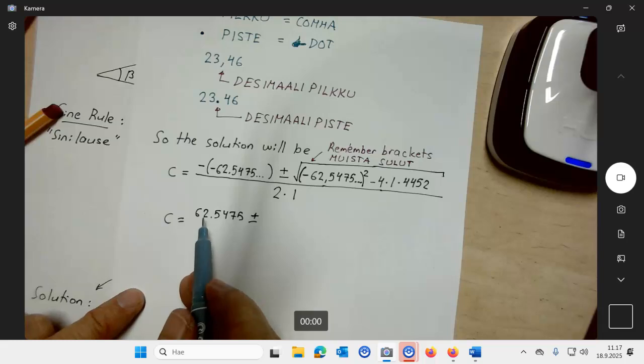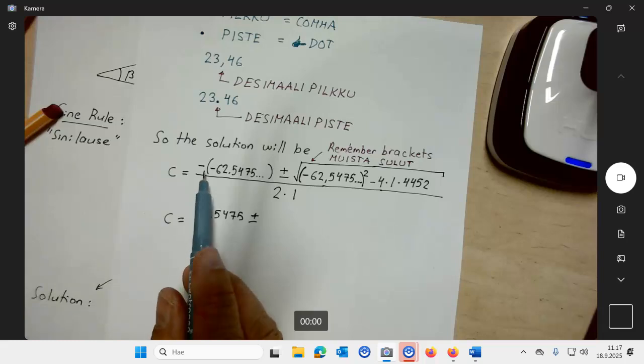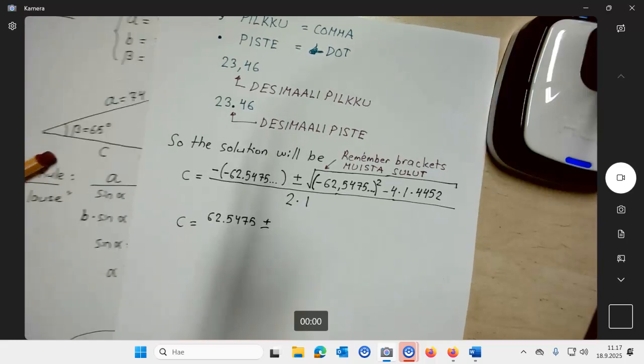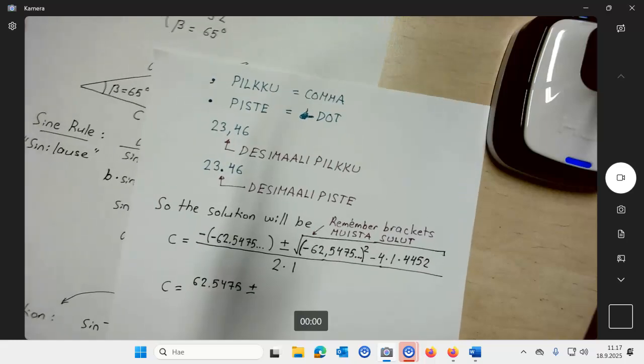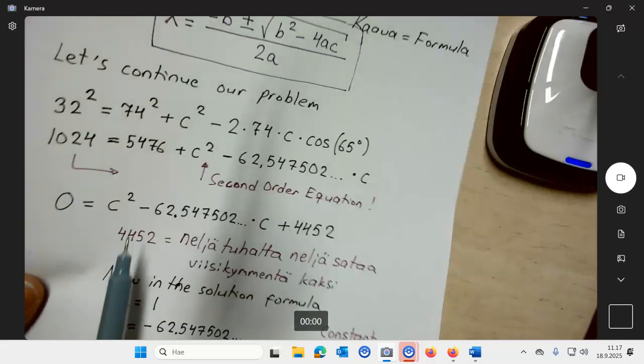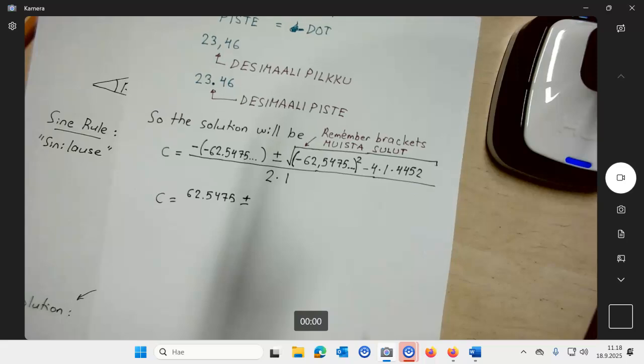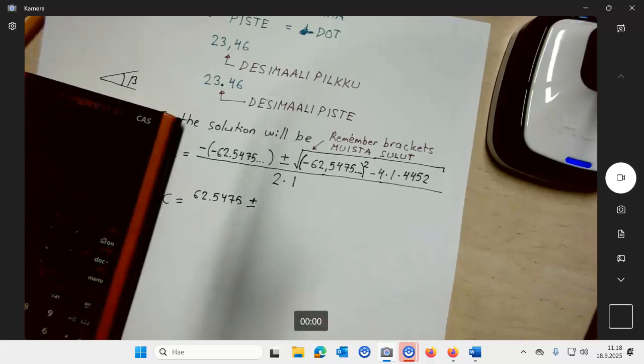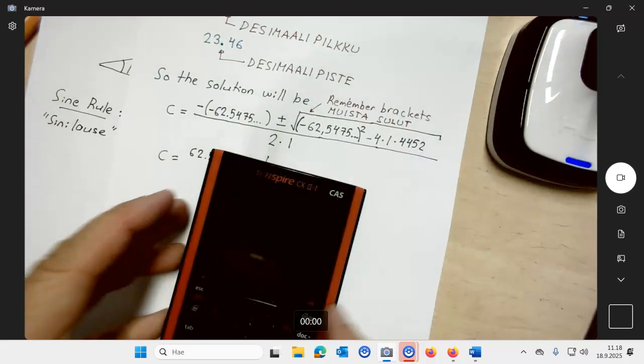So, as was said, this minus changes the sign to plus. So we could also write only this number with the opposite sign there. And this part here I have to calculate. I have a square root there, and I will take the calculator.